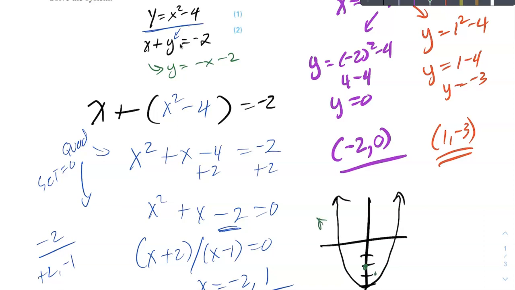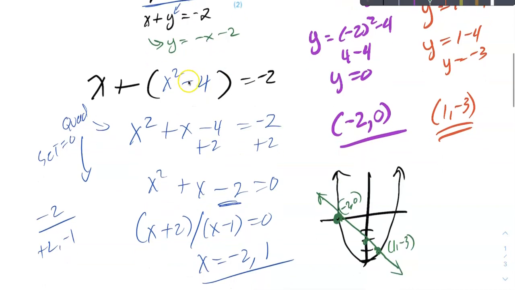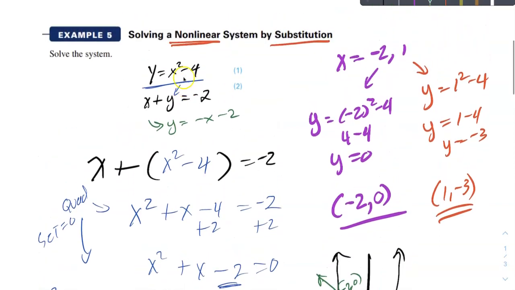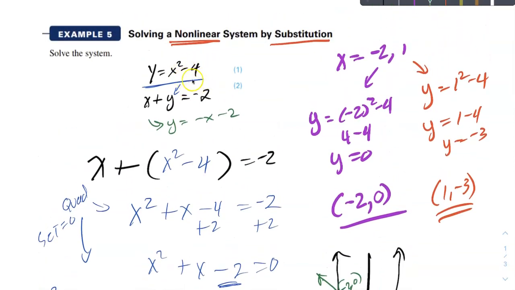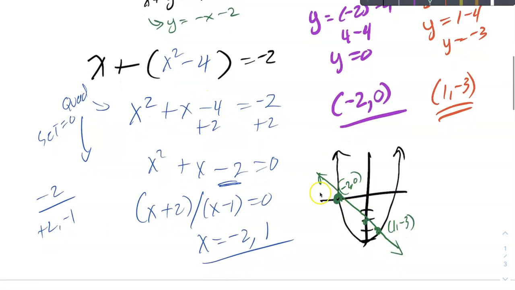The graph's not perfect, but it's supposed to cross at negative 2, 0 and at 1, negative 3. That's what a nonlinear system of equations looks like. Generally we solve by substitution. You could graph it and solve it that way, and it does work, but usually we just use it to verify our answer looks correct.